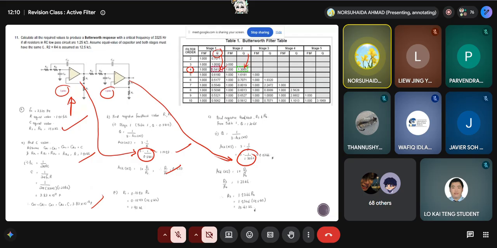That's why we have two values of Q: the value of Q1 at stage 1, the value of Q2 at stage 2. My advice, please redo the example that we did in the class previously, plus practice how to solve this question as well.